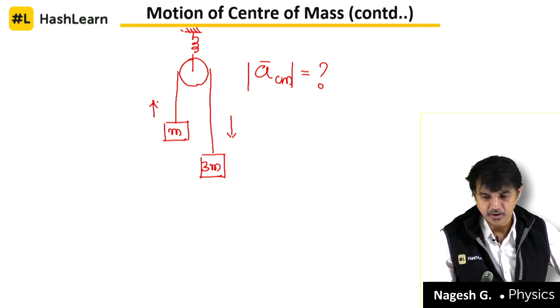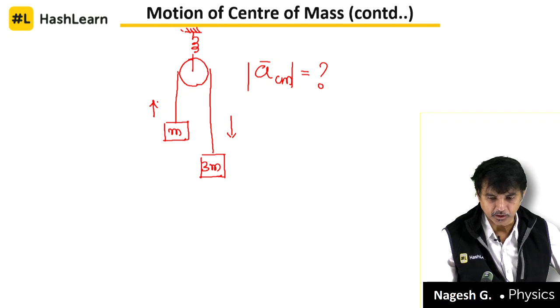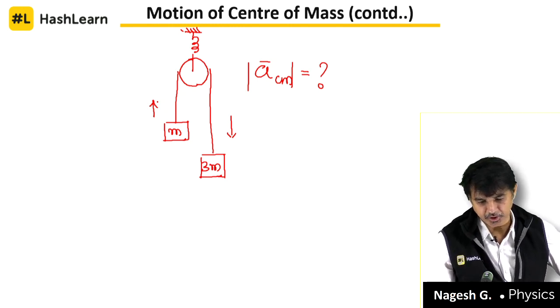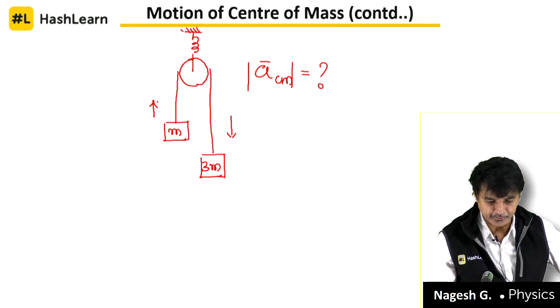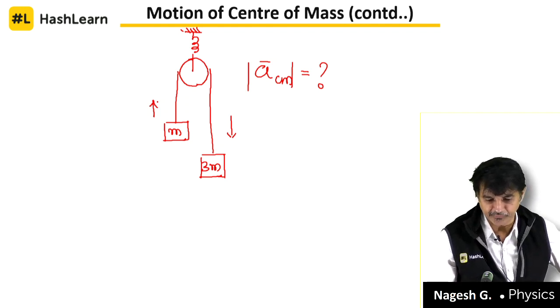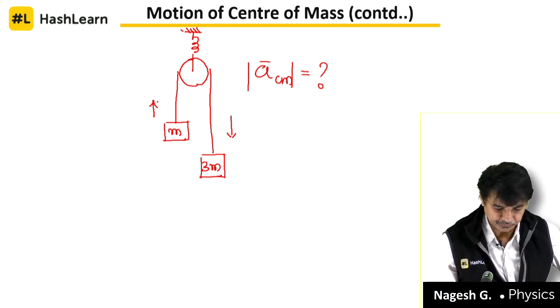Mansi declared her answer as g. Radhika came out first with her answer as g by 2. Still few more answers I am expecting. Time is running out. Yes, time is up.